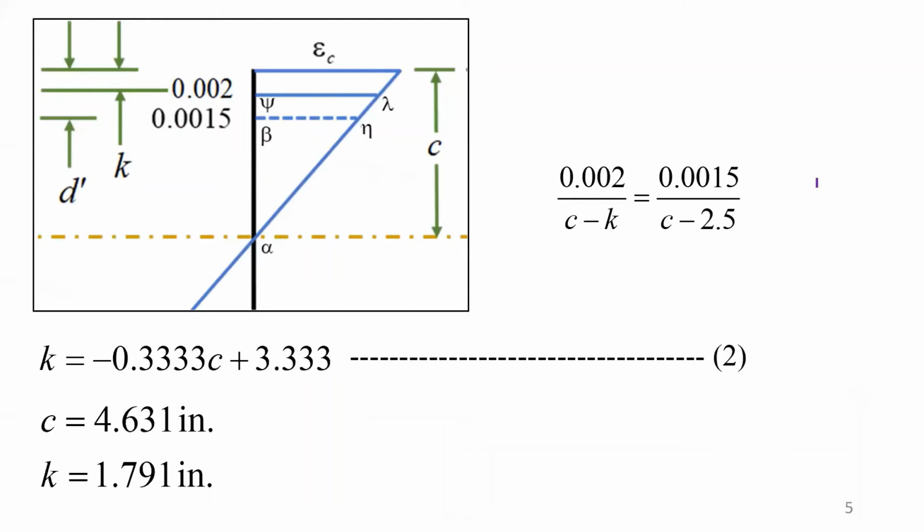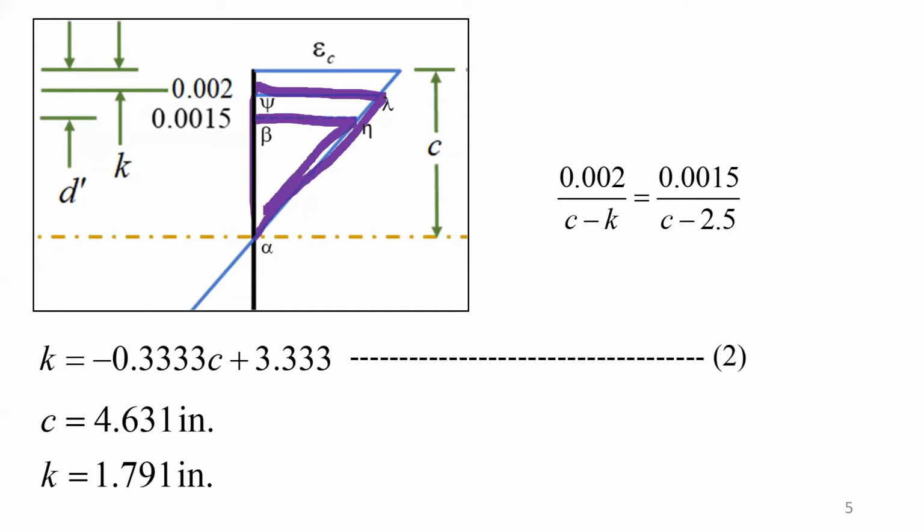The second equation can be obtained from the concept of similar triangles. The first triangle is alpha, psi, lambda, and the second triangle is alpha, beta, eta.